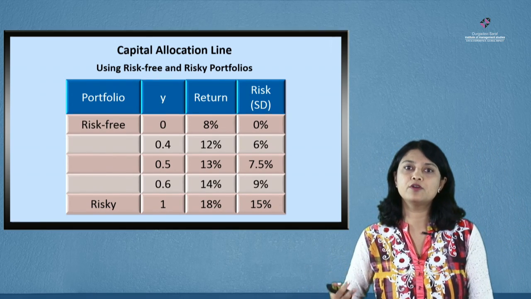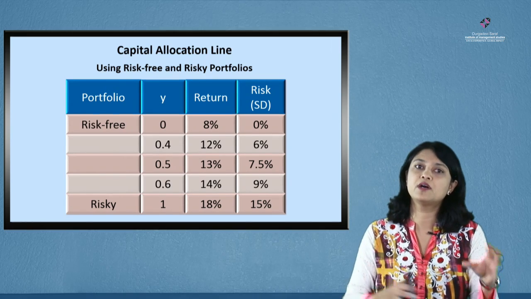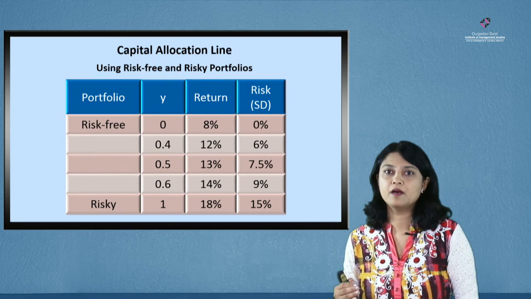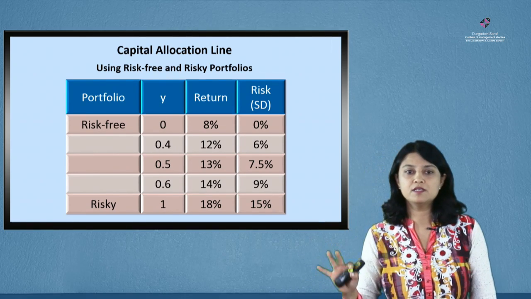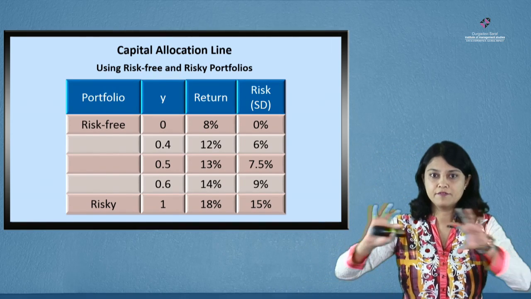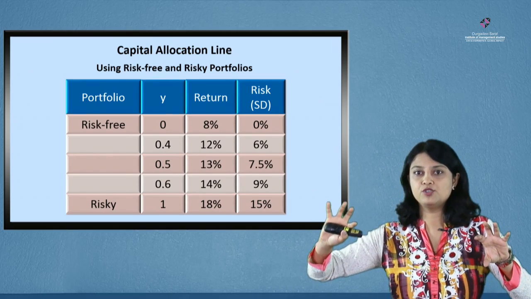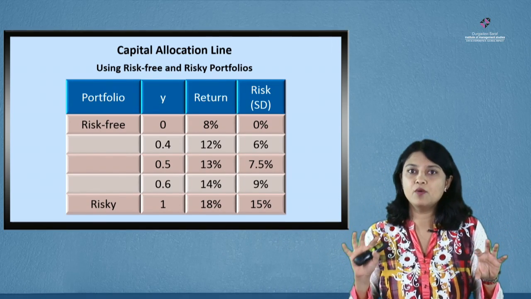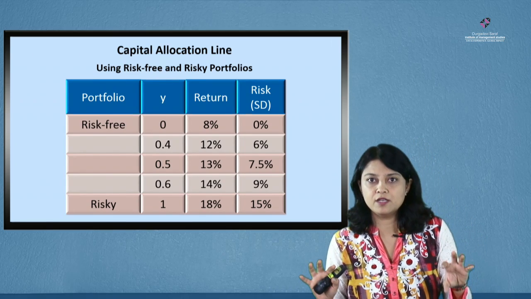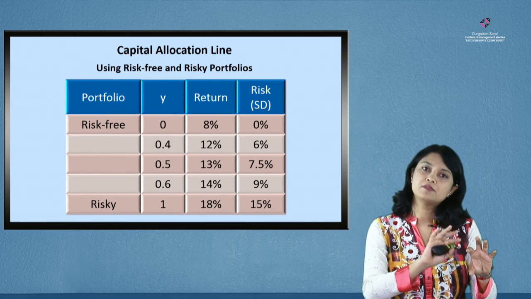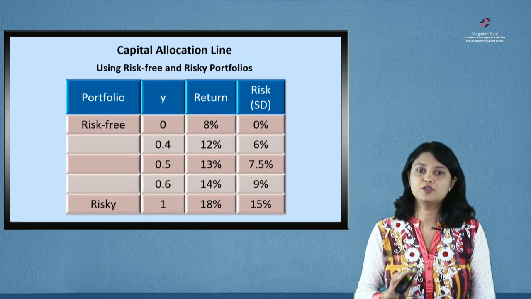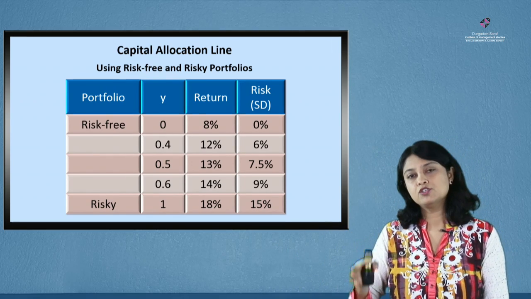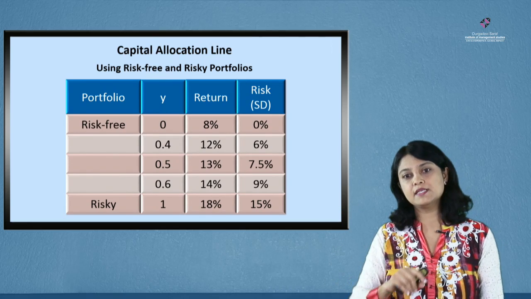This depends on the combination which you have made in the risky portfolio, so your risk and return will be commensurate with that. So I have chosen one risky portfolio and one risk free portfolio; between these two extremes, the way I mix them up, the way I decide my Y, my funds allocation, I'll be somewhere in between. As you can see in this table, the return and risk are in between. So I'll be moving on this line.